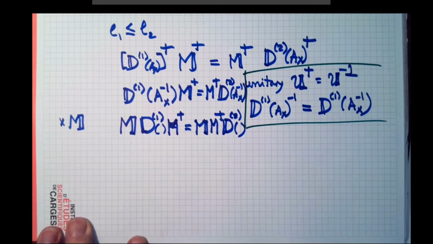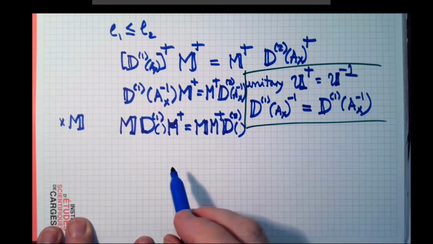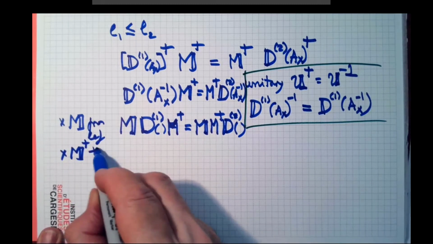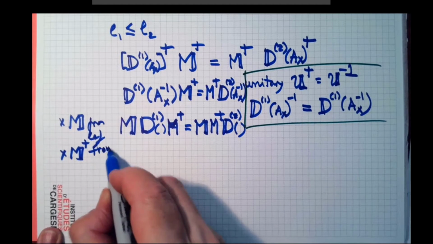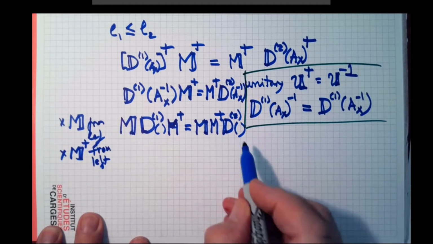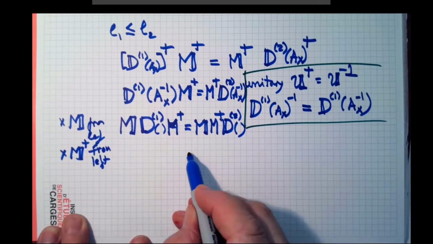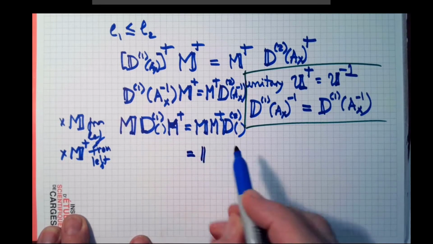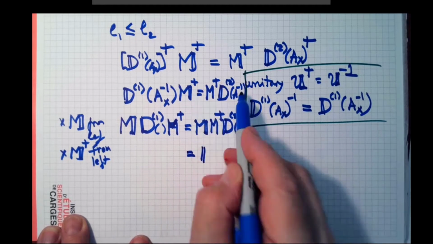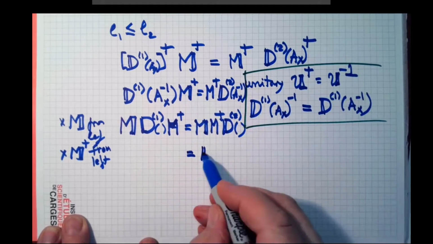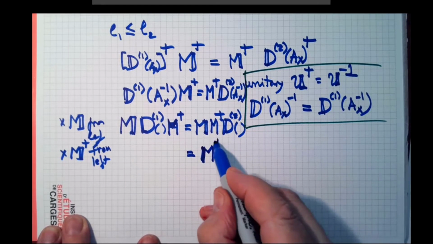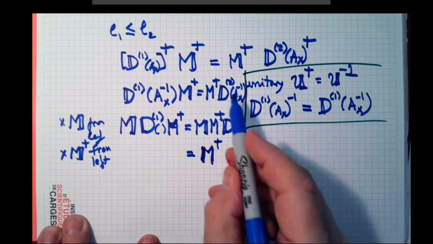And then multiply it from the right. You get a hang of it from the left. When I do it from the other side, if I multiply the whole thing from this side, I get M Hermitian conjugate.